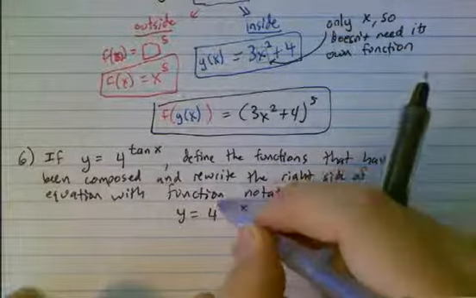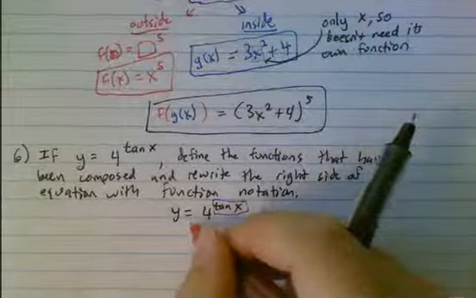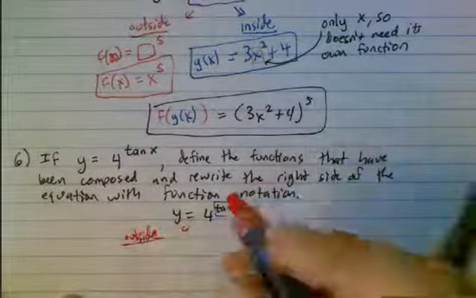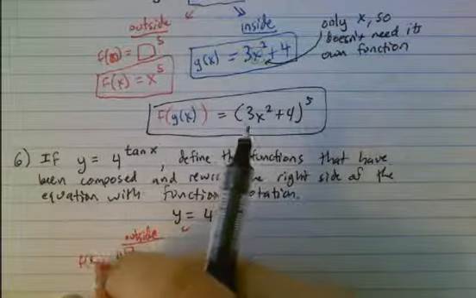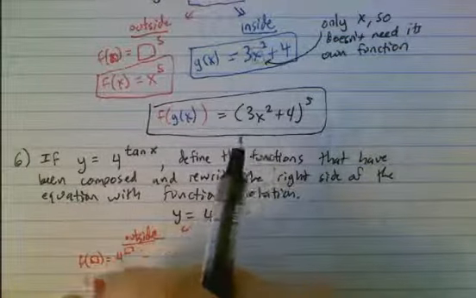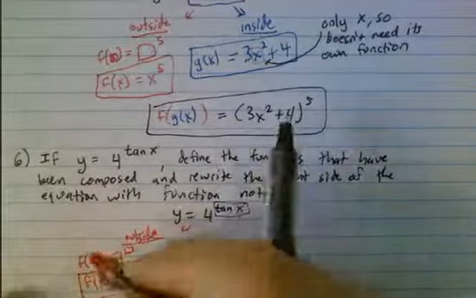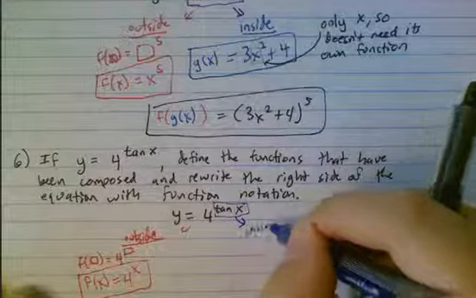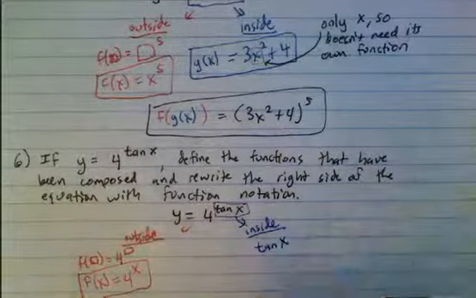Our biggest box function is right here. We have 4 to the box. Let's call that f of x, or f of box. So there's our outside function. We've got an inside function, tangent of x.